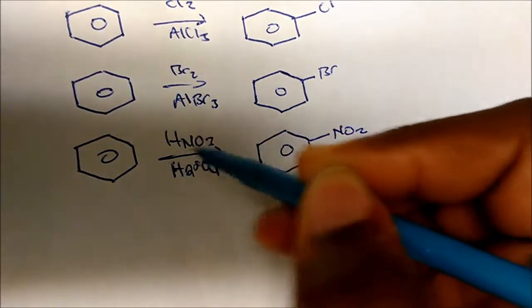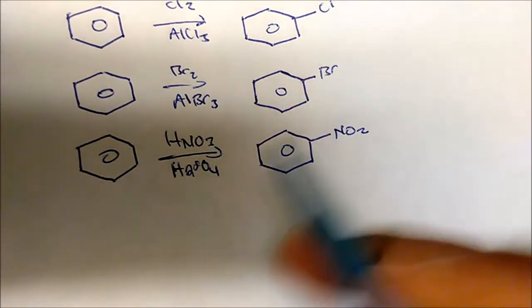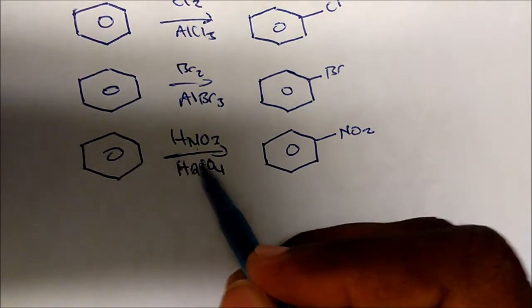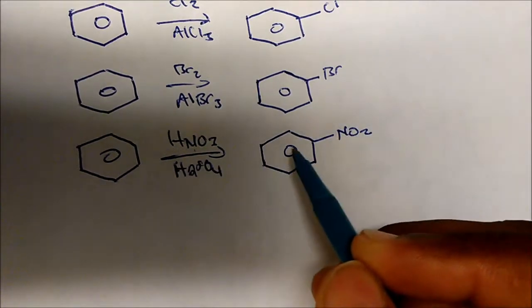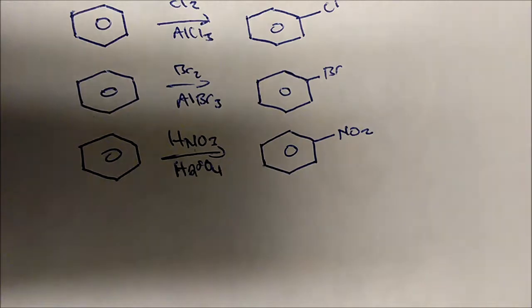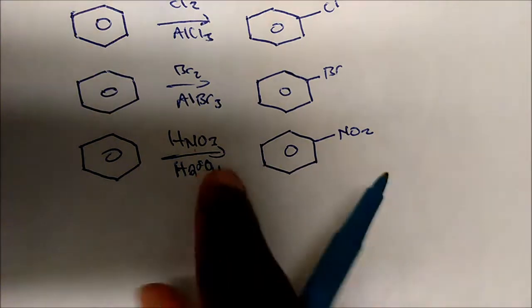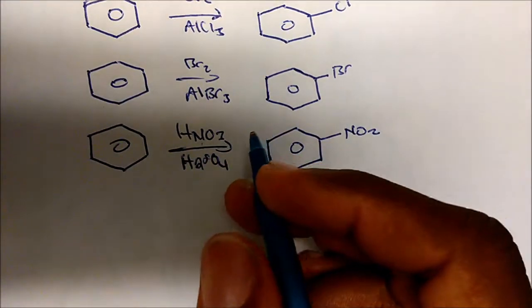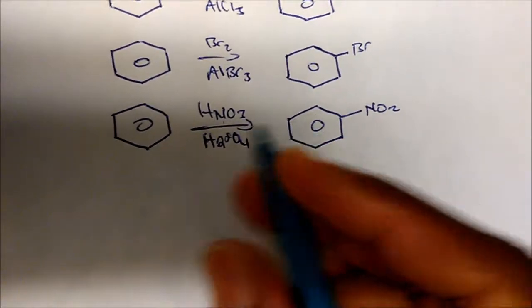So we're just substituting things on the benzene ring. When I take nitric acid and mix with sulfuric acid, I generate NO2 plus. Okay, and then my benzene attacks.